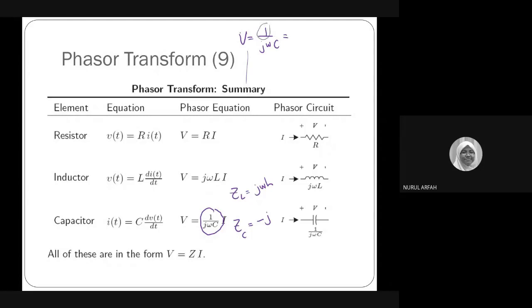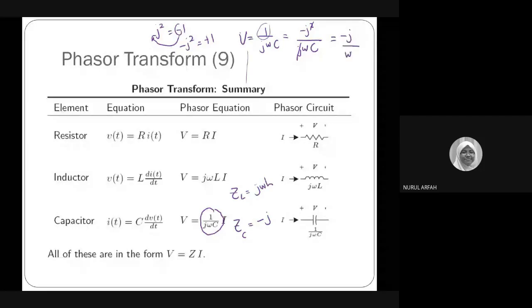Since this is a +1, and you know that j squared equals -1, and you want it to be a +1 there, you just replace the +1 with negative j squared and divide by j omega C. This one you can just remove, and what is left is negative j over omega C. So please do not remember 1 over j omega C, but use negative j divided by omega C.